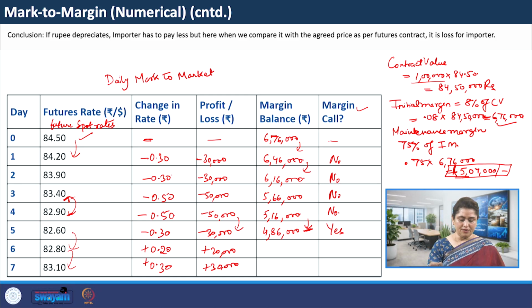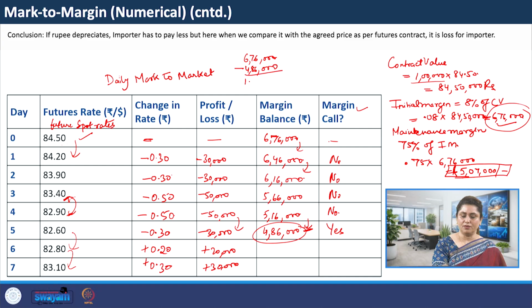Now here we have 4,86,000 with us, and the initial margin was 6,76,000. We have to bring the margin balance back to the initial margin. So the total money that we are going to ask from the trader is 6,76,000 minus 4,86,000, that comes out to be 1,90,000.